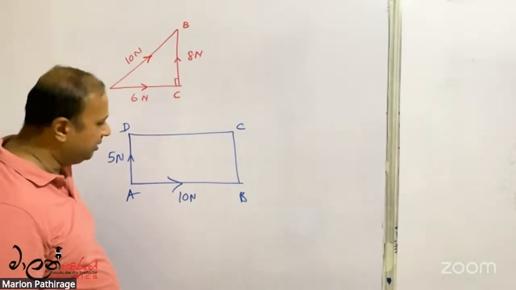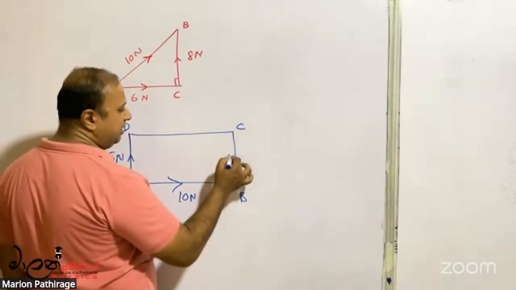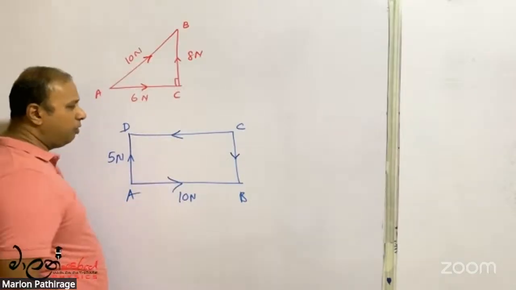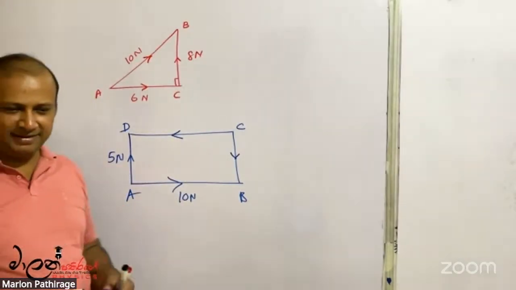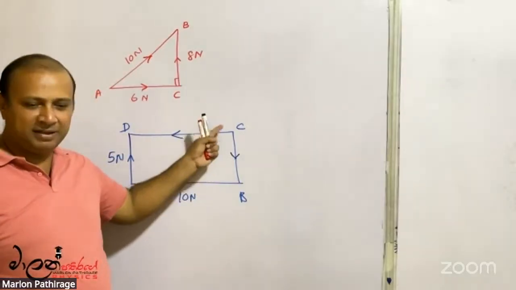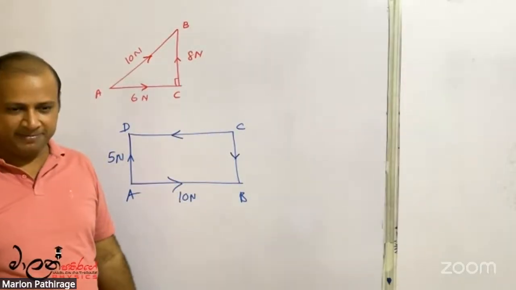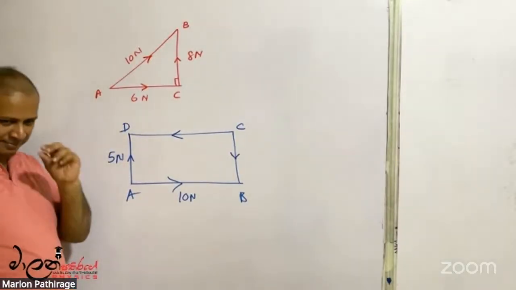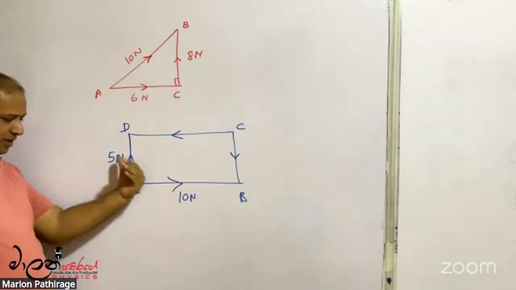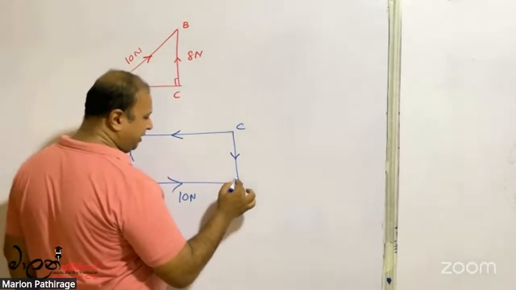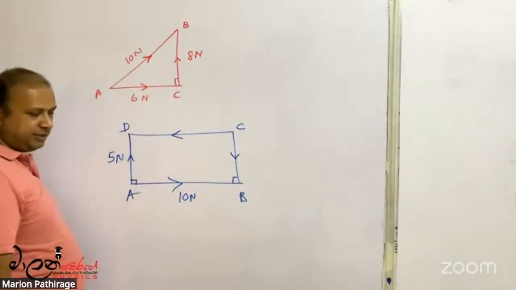Then you are asked the magnitude of the BC vector and the magnitude of the CD vector. So, what is the magnitude of the CB vector? If this is a rectangle, tell me what is the magnitude of the CB vector?